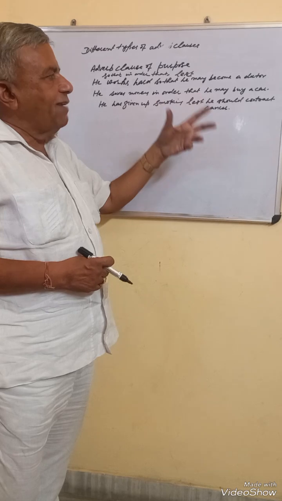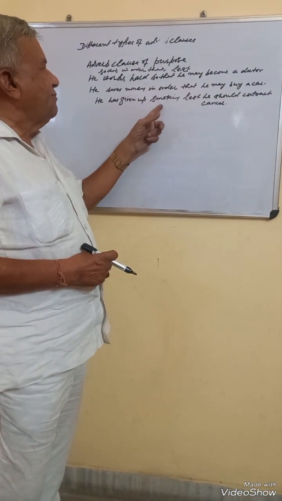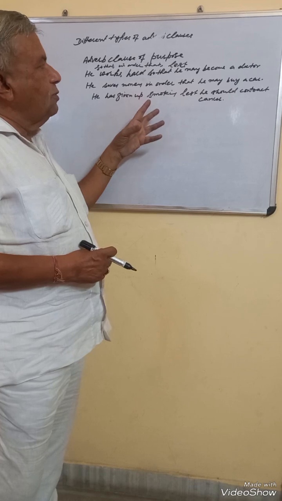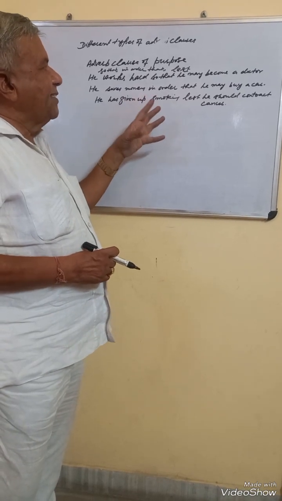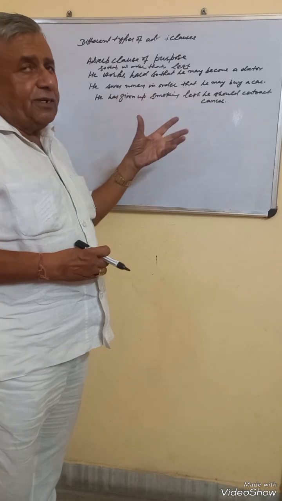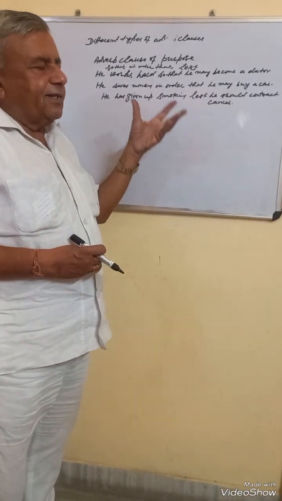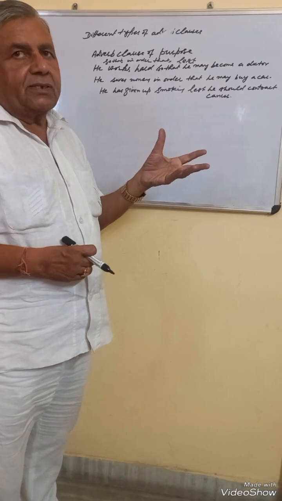So he wants to avoid contracting cancer, that is the purpose behind giving up smoking. So we can see that these words, so that, in order that, lest, are subordinate conjunctions used to form the subordinate adverb clause of purpose.